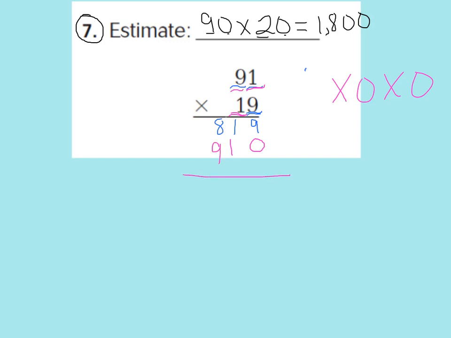Now, all I need to do is add my partial products. 9 plus 0 is 9. 1 plus 1 is 2. And 8 plus 9 is 17. So my final product is 1,729, and that is very close to my estimate, which was 1,800. So they're both reasonable.